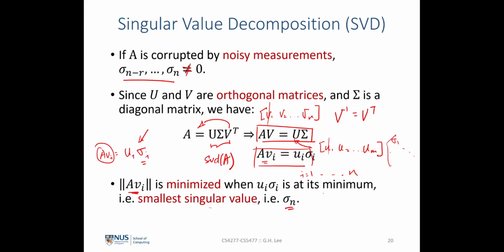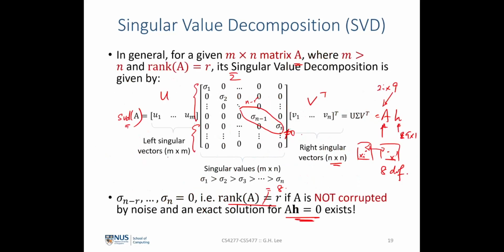When you compute the SVD in any compiler, Python or MATLAB for example, it always arranges the singular values from the largest all the way to the smallest. Hence, the column of V that corresponds to the smallest singular value is going to be at its minimum.